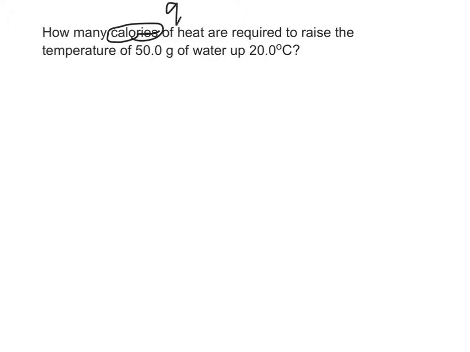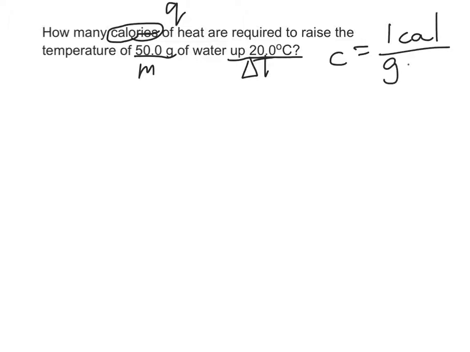That's going to be the Q. Anytime I see calories of heat or joules of heat, that is the Q. I see this 50 grams, that's the mass. I see up 20 degrees Celsius, that's a change in temperature, which is delta T. The C for water, which should be given to you, is 1 calorie per gram degree Celsius.